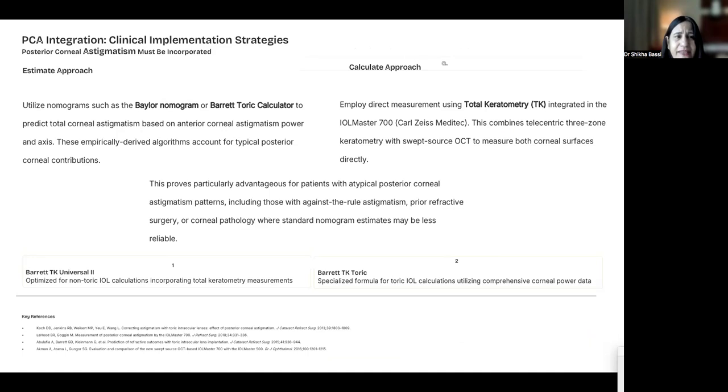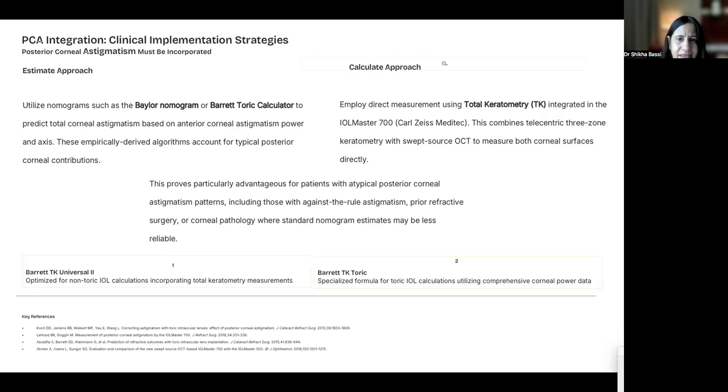So it's clear that we need to integrate PCA if we want to do toric IOLs. See, if we are doing spherical IOLs, not taking PCA into account is not that much of an issue. But if you're moving to toric intraocular lenses, you need to integrate PCA in the IOL power calculation.